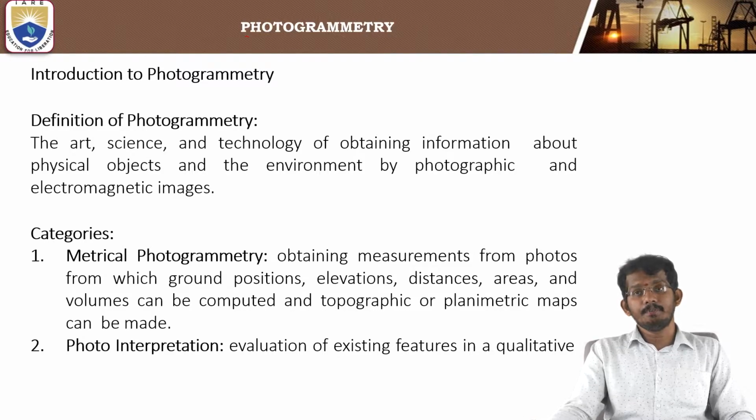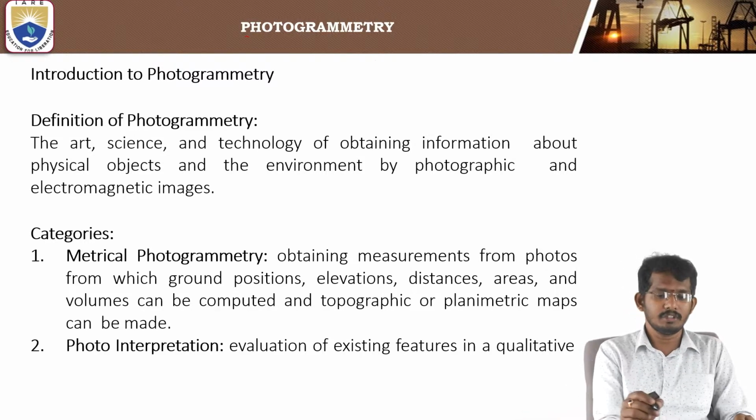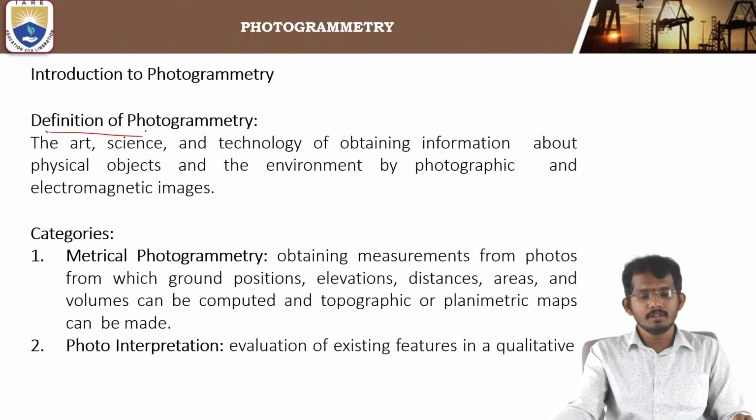Photogrammetry is a technique where we can obtain the physical quantities of an object by the process of measuring, recording, interpreting, and analyzing the recorded data. The definition is: it is the art, science, and technology of obtaining information about physical objects and the environment through photographic and environmental images.